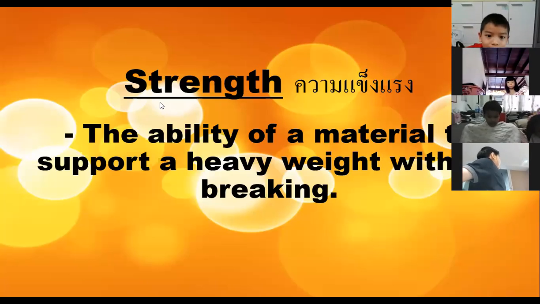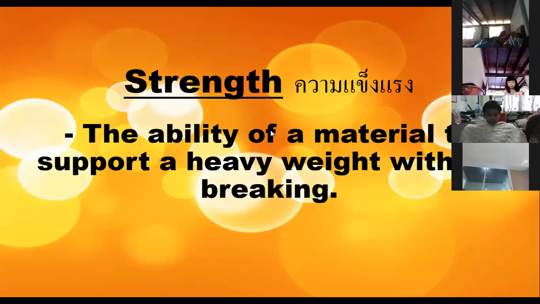The ability of a material to support a heavy weight without breaking. Very good. So strength, this is the ability of a material to support a heavy weight without breaking.